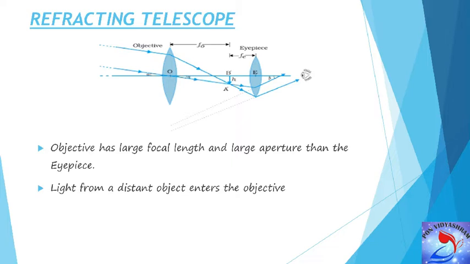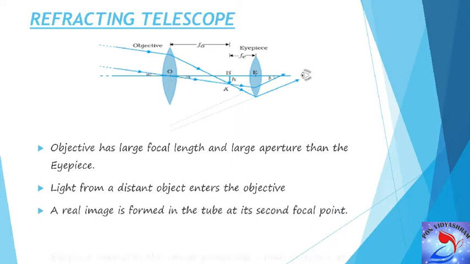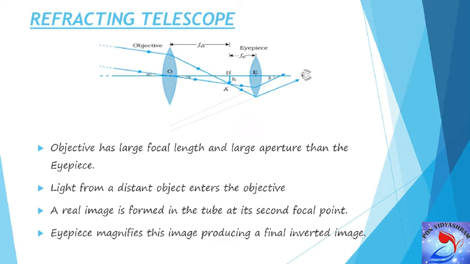After this, the eyepiece will magnify this image and produce a final inverted image. So the eyepiece will again magnify the image and give us the image of the object. This is the working of a refracting telescope.